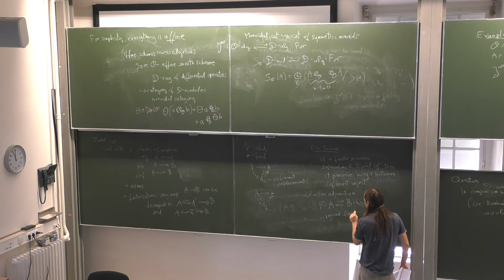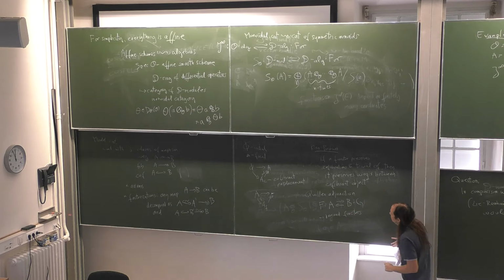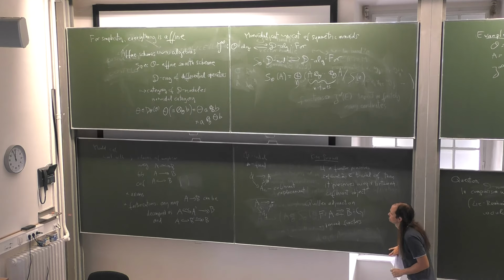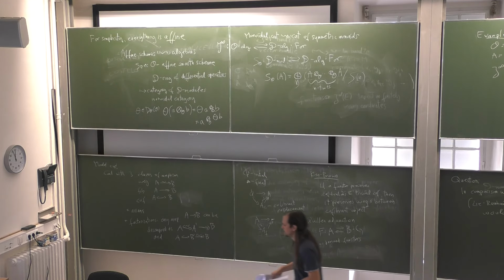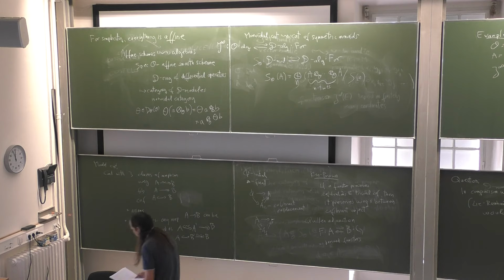And now, in the time that I have left, I will try to make a very, very toy example of a derived critical locus to see how these things give rise to BV structures.